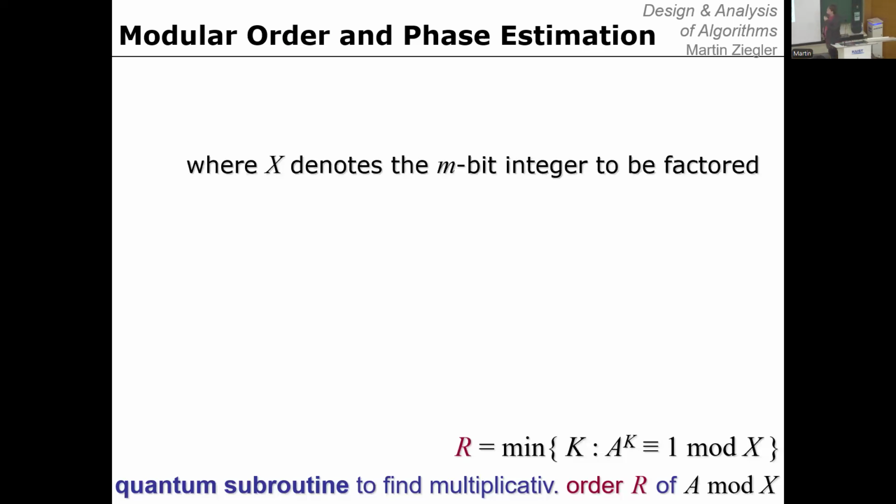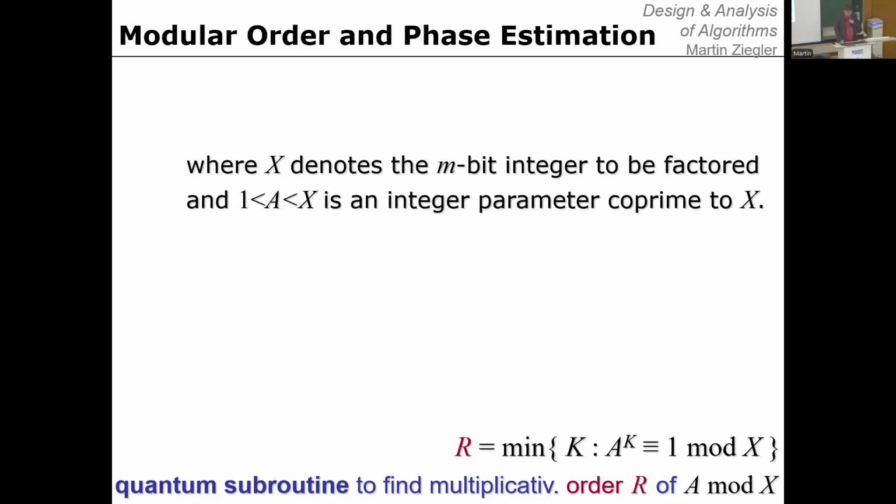So X denotes the m-bit integer which is to be factored, or for which we want to find a non-trivial factor. And A is this random integer parameter, which is promised to be coprime, because if it's not, we've already found the non-trivial factor using the Euclidean GCD calculation. A is strictly between 1 and X, otherwise it's not coprime, right?